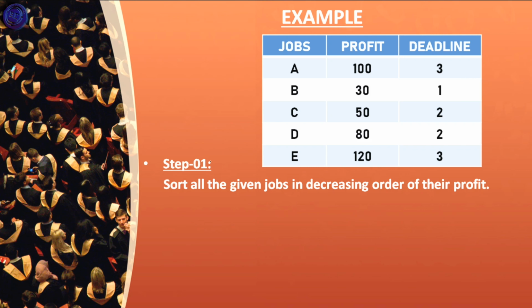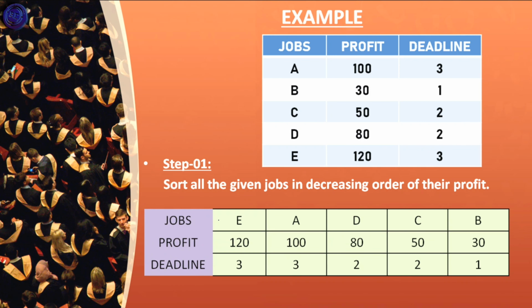Here I arranged the jobs based on their profits. Initially I took E which has the maximum profit, and then A, then D, then C, and then B. In this way I arranged them in decreasing order.